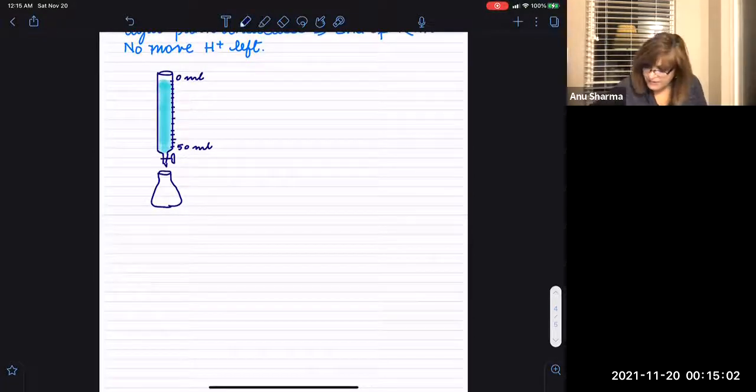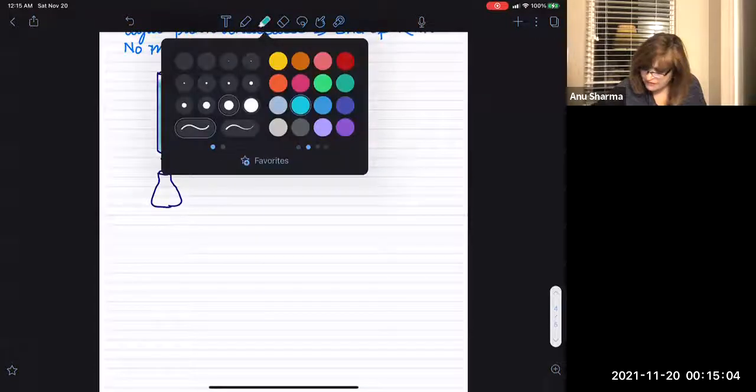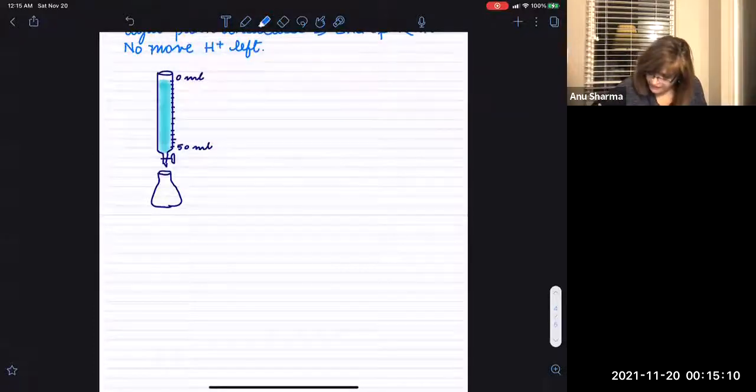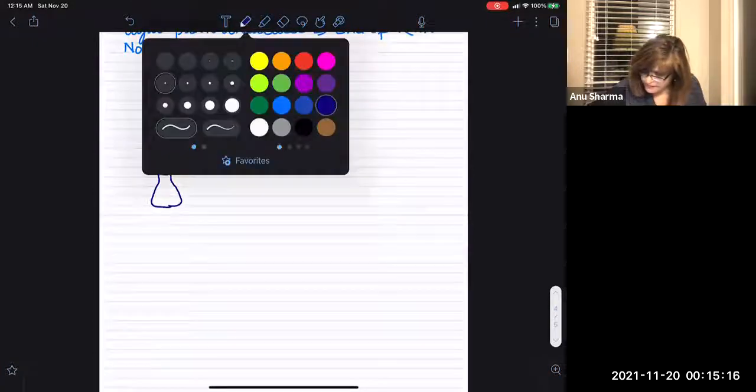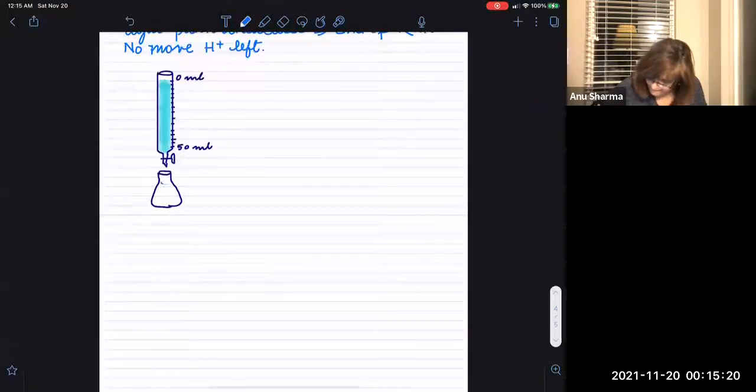And right here is the acid, some amount of acid.